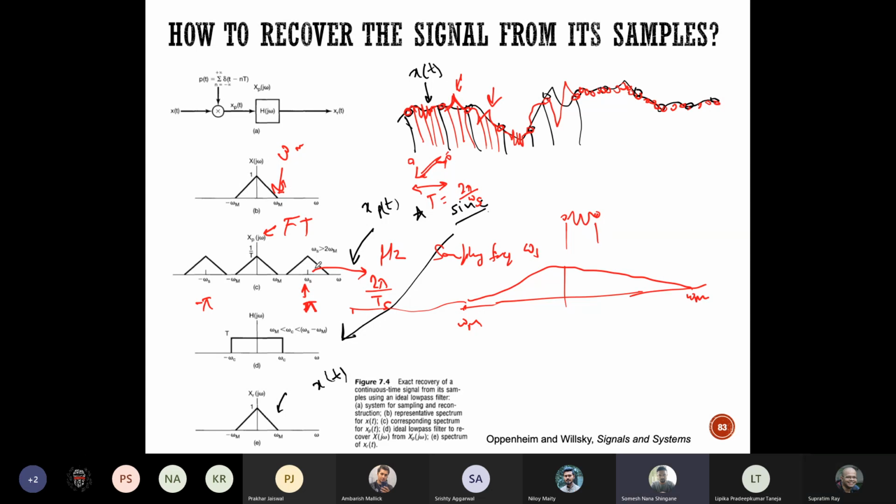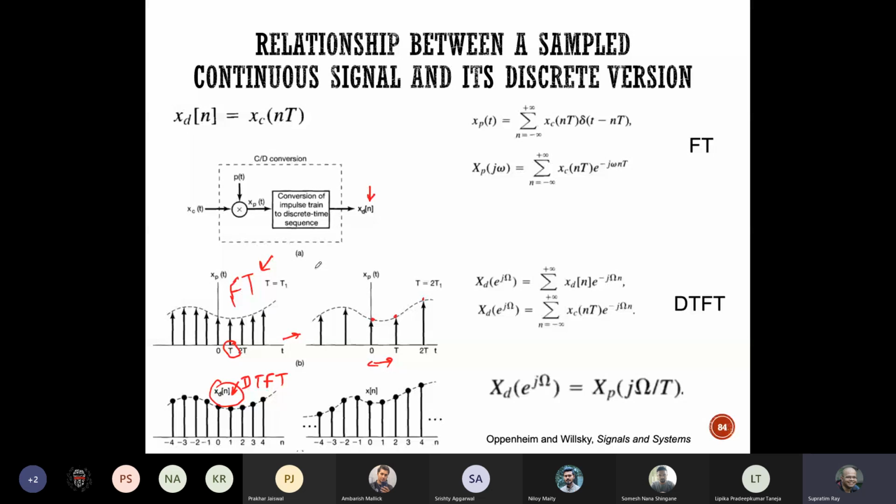So that's what I'm going to show you here. Mathematically it's the same thing. I've got the sampled signal x_p(t), which is the sum of x_c(nT) delta(t minus nT).